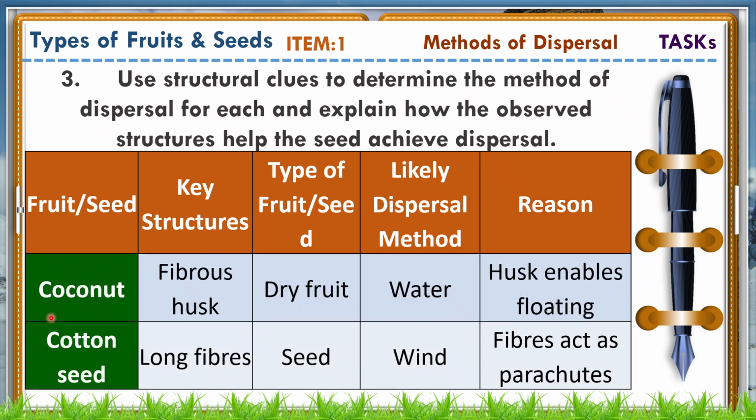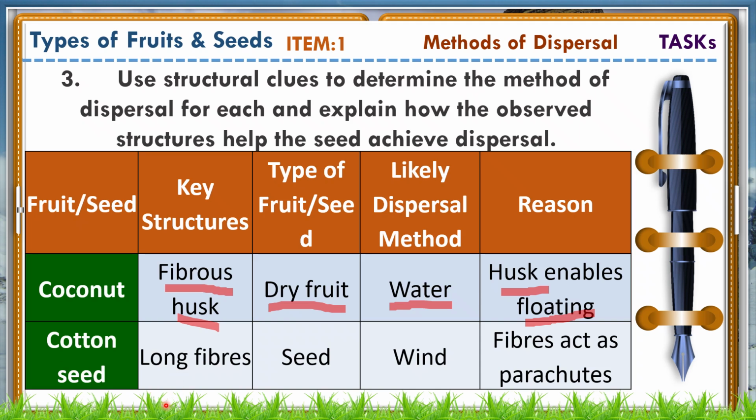Then we have the coconut. Coconut, the key structure is the fibrous husk. The type of fruit, it is a dry fruit. And the dispersal method is by water. Reason, the husk enables floating. Then we have cotton seed.